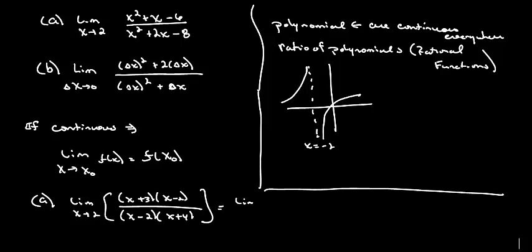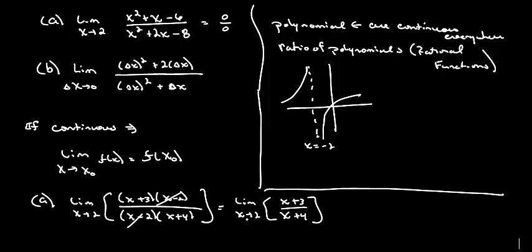So we have to reduce that first, because if we just try direct substitution right away, we get an indeterminate form of 0 over 0. So this is the limit as x approaches 2 of x plus 3 over x plus 4.